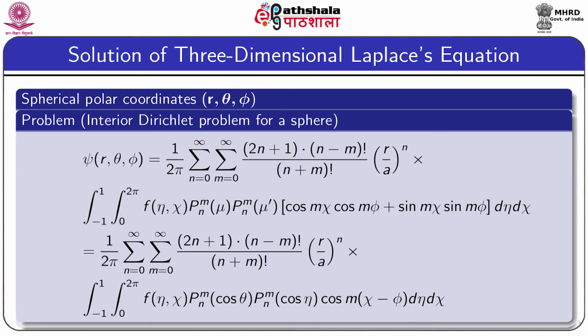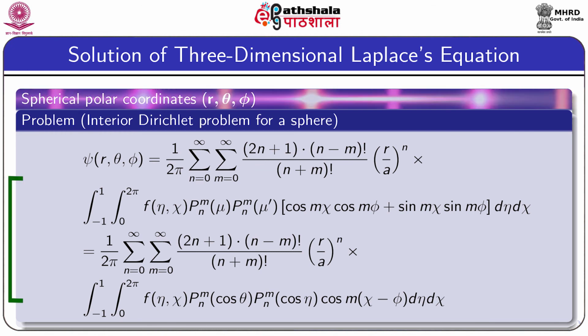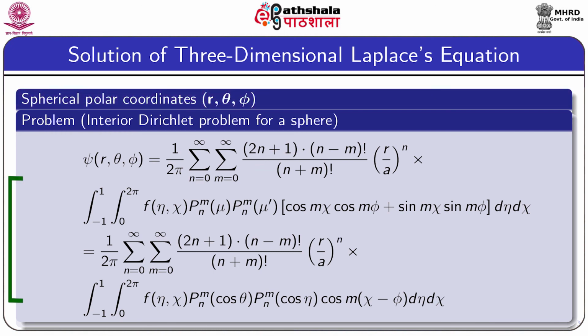Thus, the solution becomes psi is equal to, which is written here. We can make a simplification like this. We can write the cosine function and sine function together to make it as cos of m (chi minus phi). So, this is our final solution, or the required solution, of the given problem.